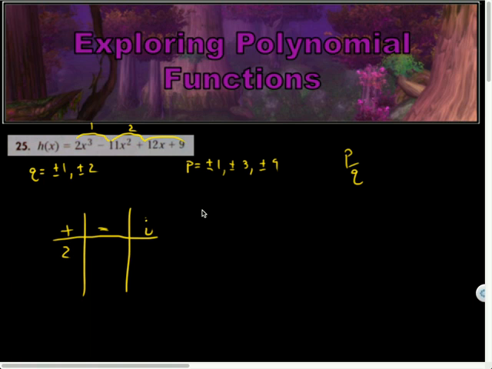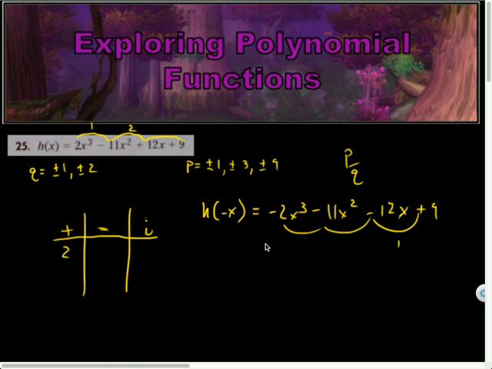And then I need to find h of negative x. So if I plug in negative x for all of these, negative x cubed would be negative, so that's negative 2x cubed. Negative x all squared is positive, times a negative 11 is still negative, so negative 11x squared. And 12 times negative x is negative 12x, and then plus 9. If I count the sign changes here, none, none, and 1. So I'm expecting as many as 1 negative x-intercept.